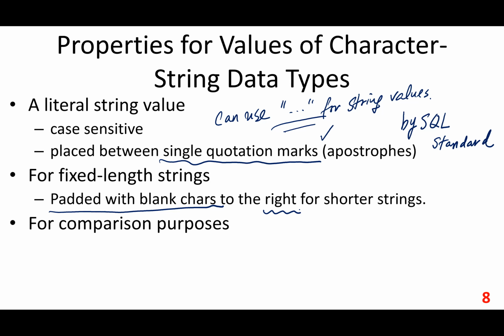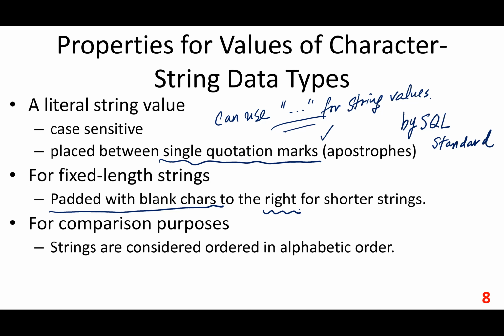For comparison purposes, strings are considered ordered in alphabetic order, because you pad blank characters to the right. When you do string comparisons, you start with the first character, then the second character, and so on.